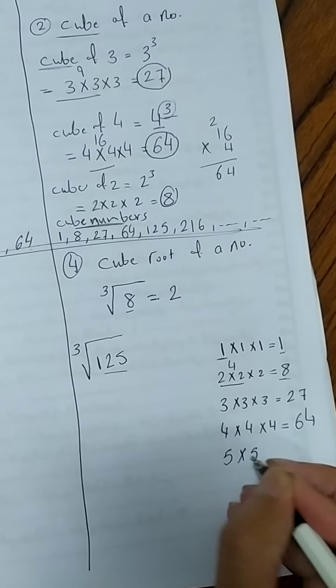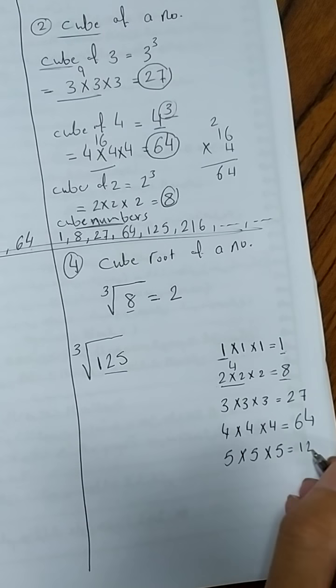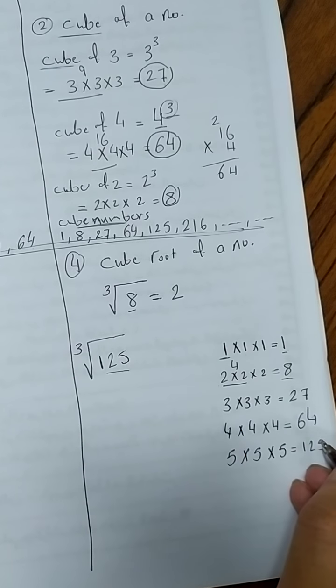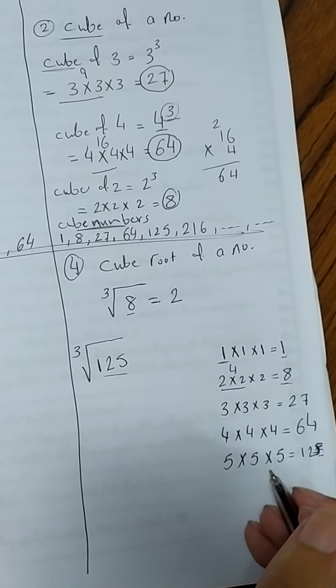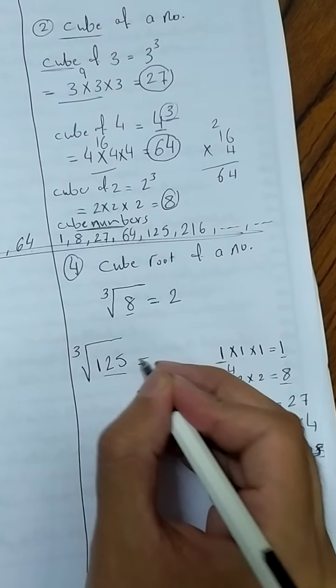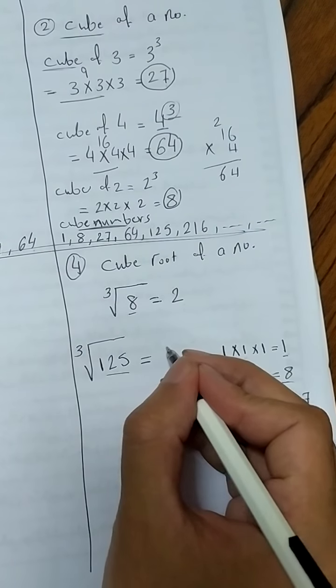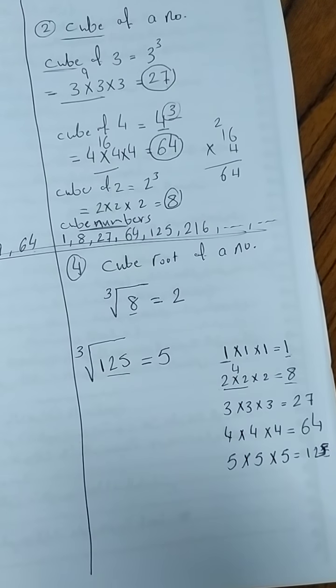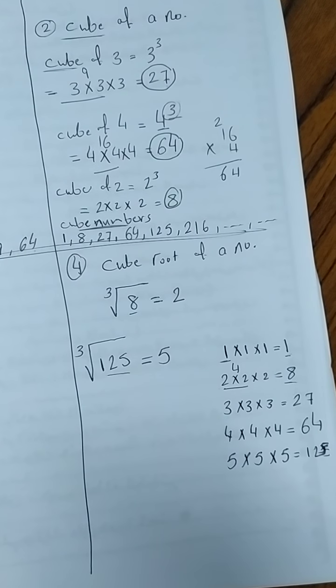So what about 5 times 5? 25. 25 times 5, 125. Yes, 5 multiplied by itself 3 times is 125. So I know that you are telling me the cube root of 125 equals 5. Why? Because 5 multiplied by itself 3 times equals 125.